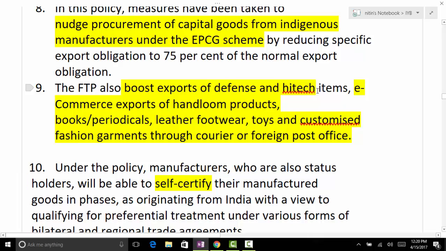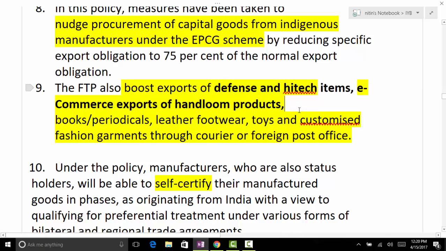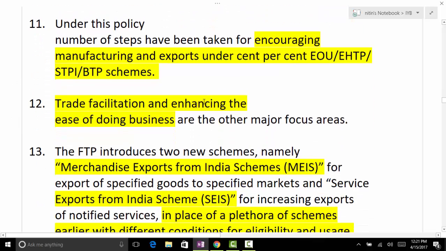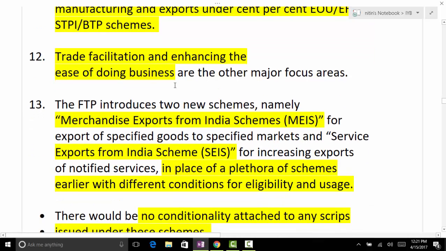So a major focus on defense, other high-tech items, e-commerce, exports of handloom products as well. Then self-certification is one of the components of how we can bring ease of doing business under this policy. Then also encouraging manufacturing and export under 100% EOU, ESTP. These are certain schemes that are given.